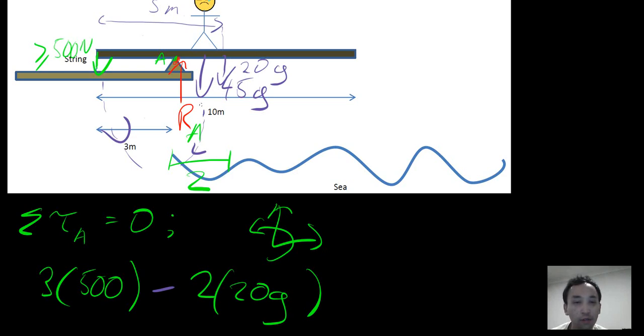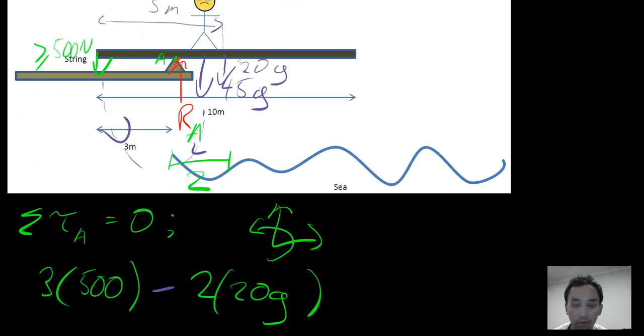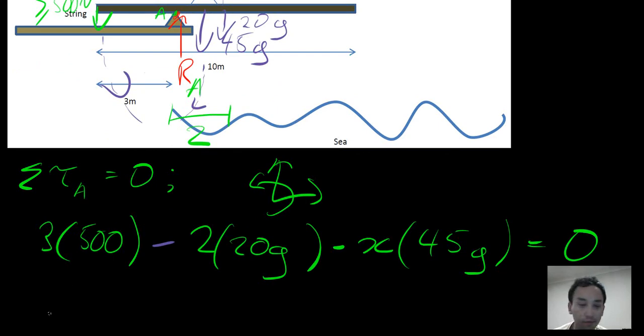So the 45g from Peter: remember that we define this distance as x. Suppose that x is to the right of the pivot point, so we have minus x, going clockwise, and his weight is 45g. So the sum is equal to 0. From here, we're just solving for x.